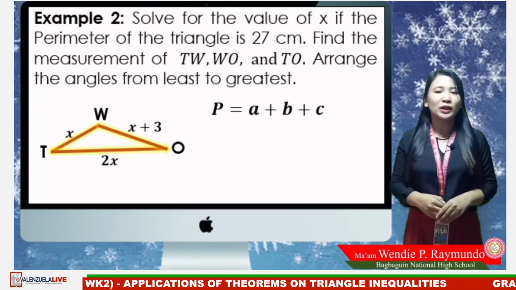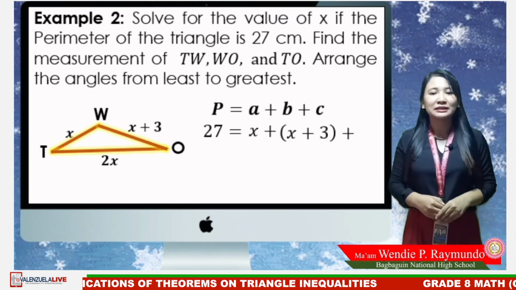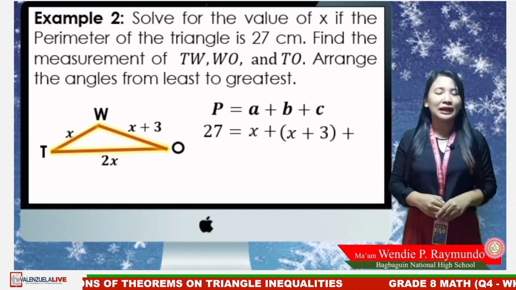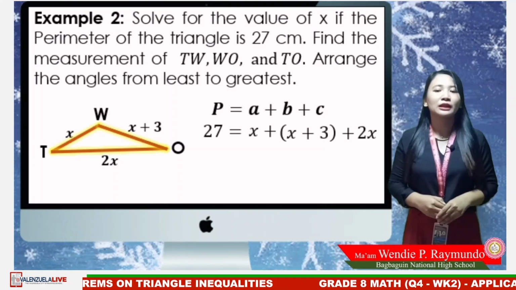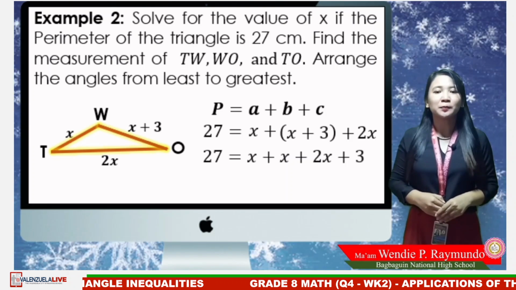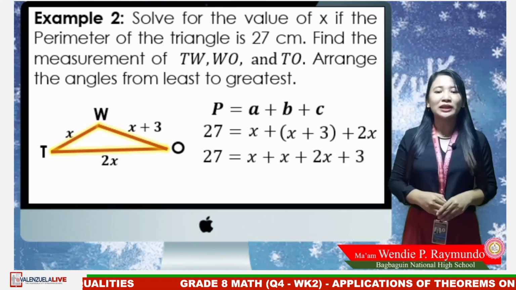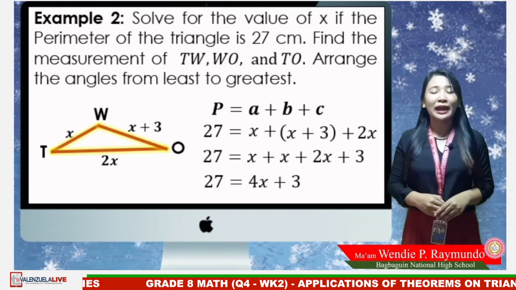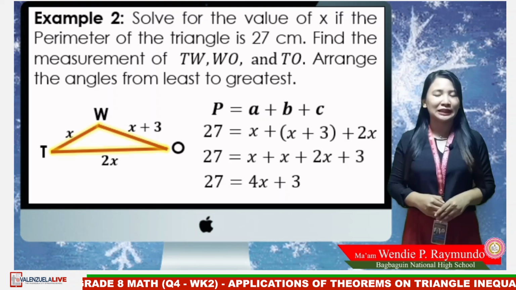The perimeter is 27 equals x plus 3 plus 2x. Then combine like terms. We have 27 is equal to x plus 2x plus 3. So 27 is equal to 4x plus 3.